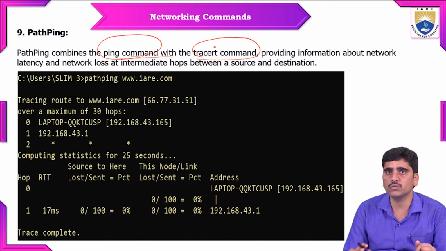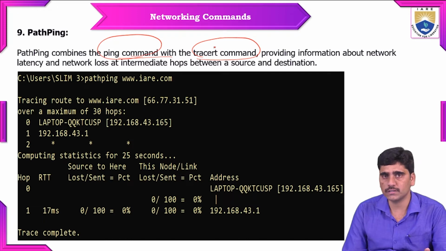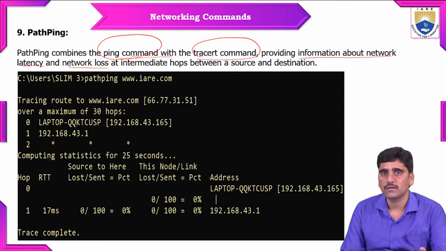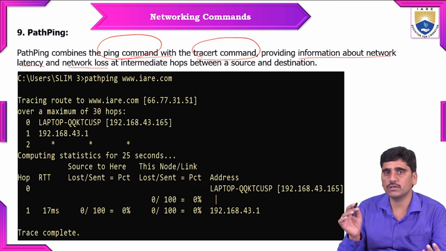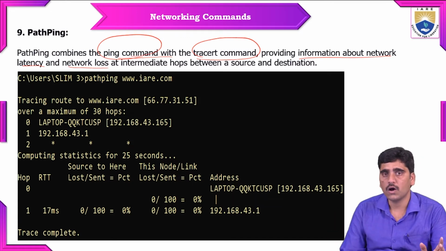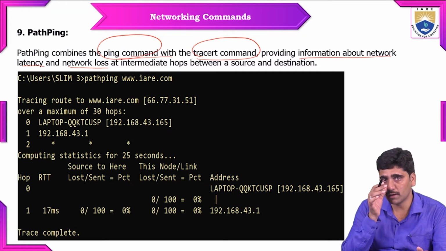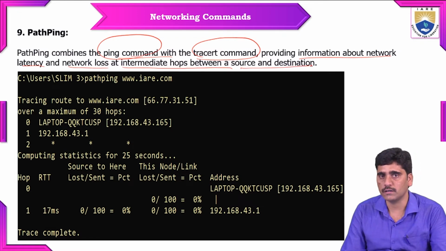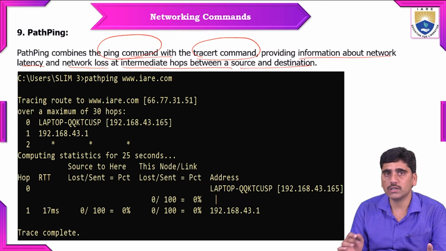So with the combination of these two, we can see how much time it takes to reach the destination, and it provides information about network latency and network loss, that is, how much loss happens during the transmission of the data at intermediate hops between a source and a destination.